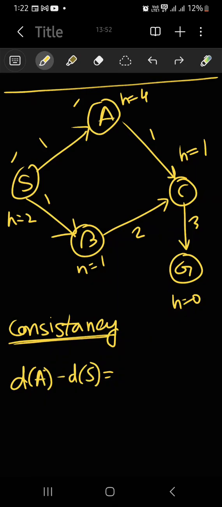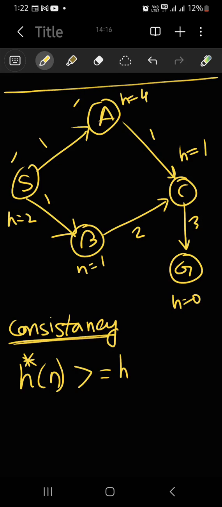So the formula is basically the actual distance between every pair of nodes, that means h star of n, the distance between any pair of nodes, should be greater than or equal to the heuristic difference between those two nodes, h of p minus h of q.